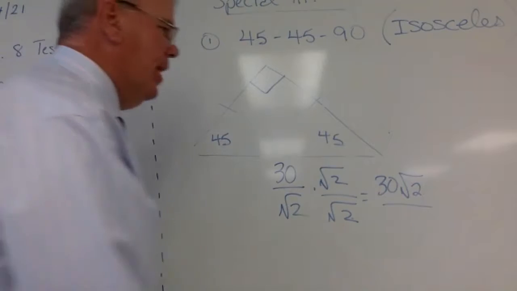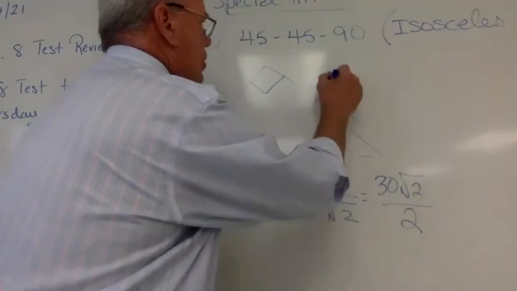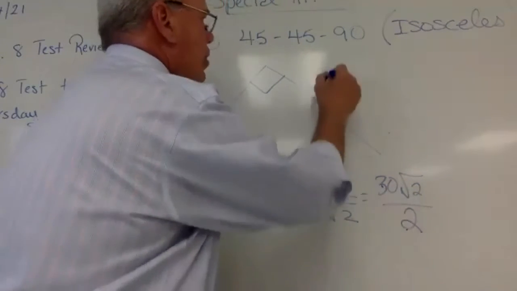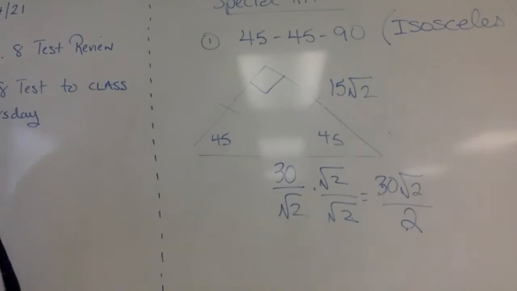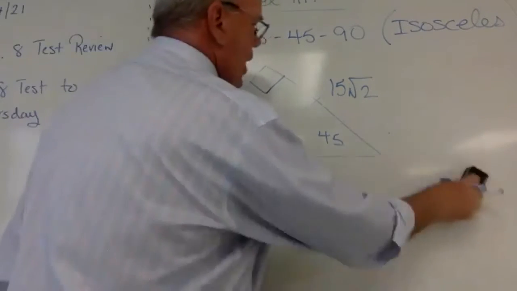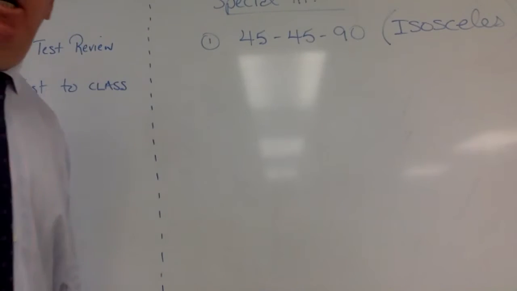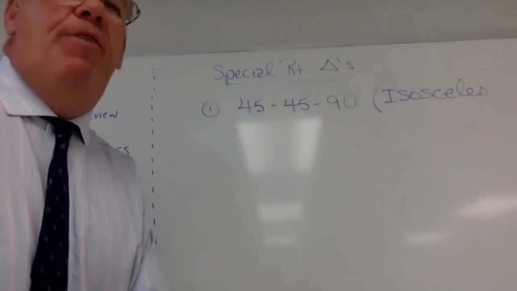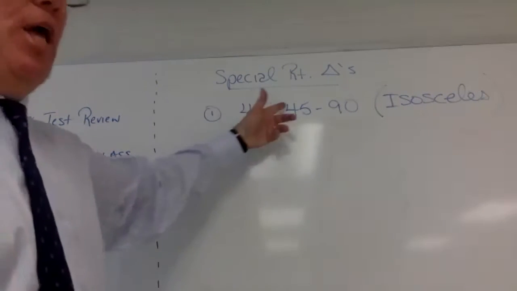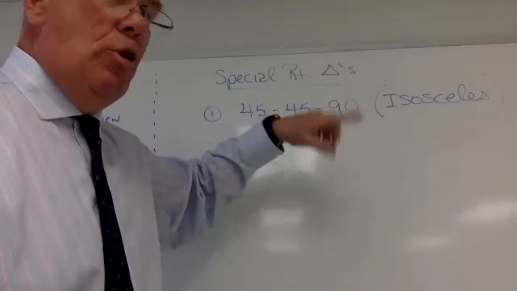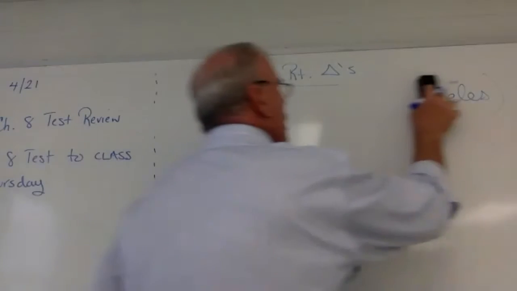Square root of 4, what's that? 2. So 30 divided by 2, 15 radical 2. Make sense? That's a little more complicated, but not impossible. So that's the first thing you want to remember. When you have a 45-45 isosceles right triangle, the hypotenuse is always radical 2 times the length.